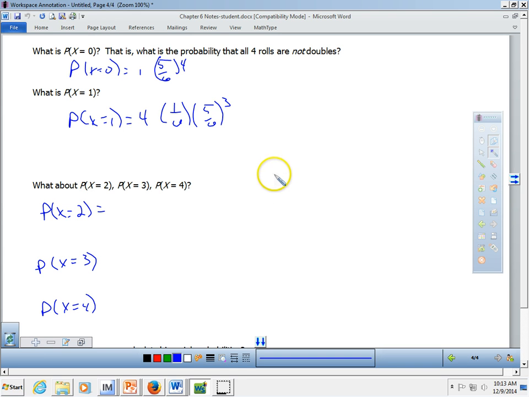So 2 doubles. That can happen if I get a double, double, not double, or go through all of your different possible combinations. Okay, there's 1, 2, 3, 4, 5. I feel like I'm missing one.